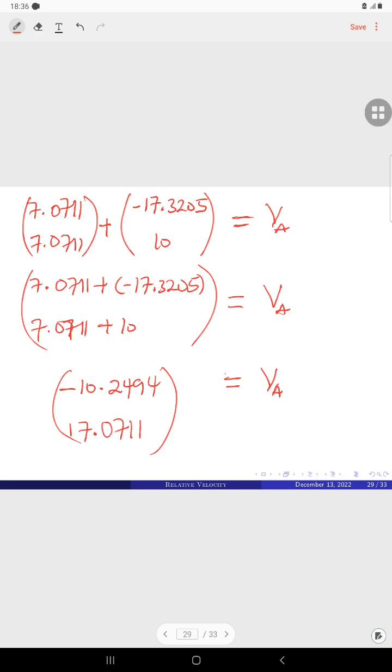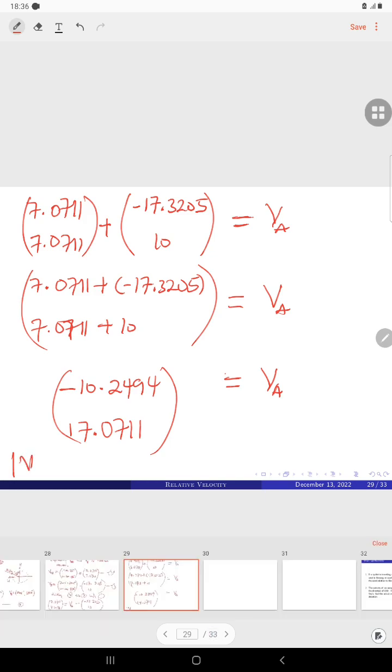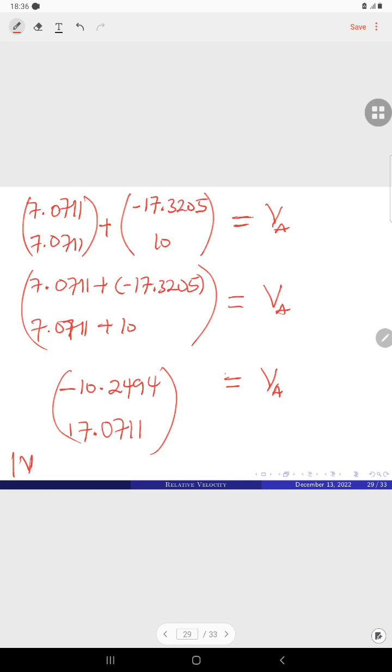What are we left to find? This is the column form. We need the magnitude. How do we find the magnitude? Because the question wants us to find the magnitude and the direction of VA. The magnitude of this, the square root of this, sorry, I've omitted something.